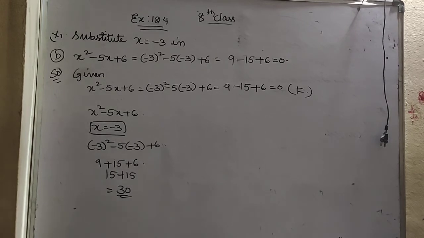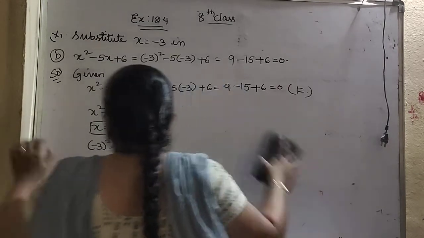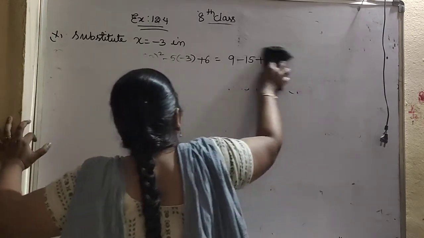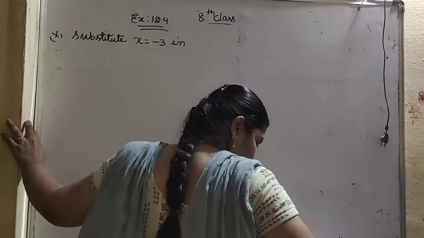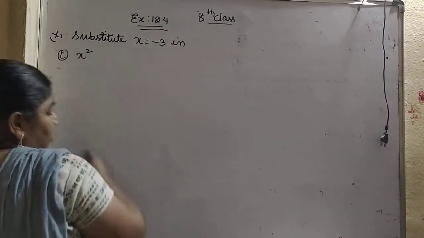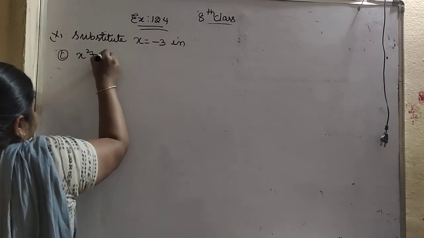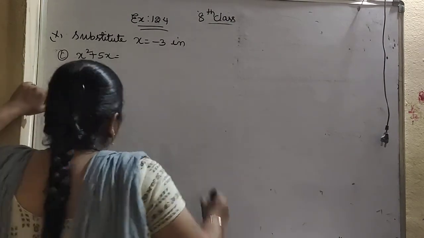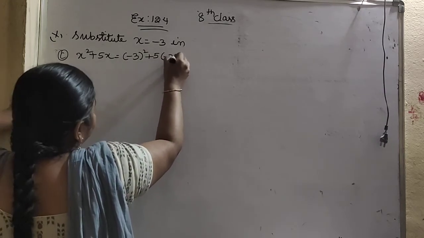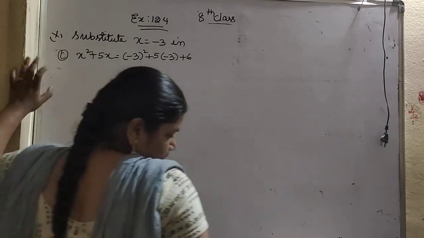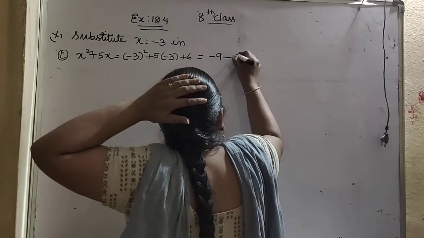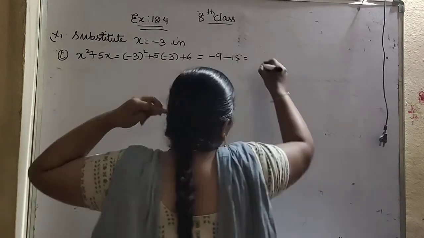So next is the third bit. x square plus 5x equals (-3) square plus 5 into -3 plus 6 equals -9 minus 15 equals -24.